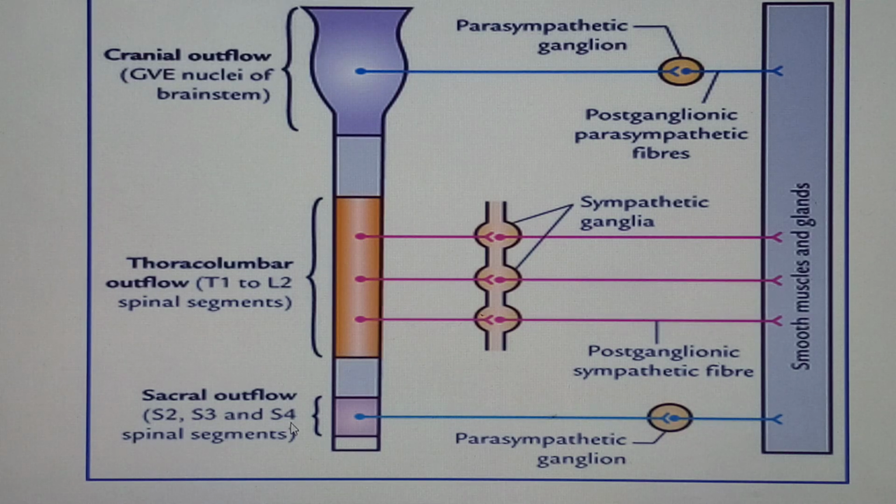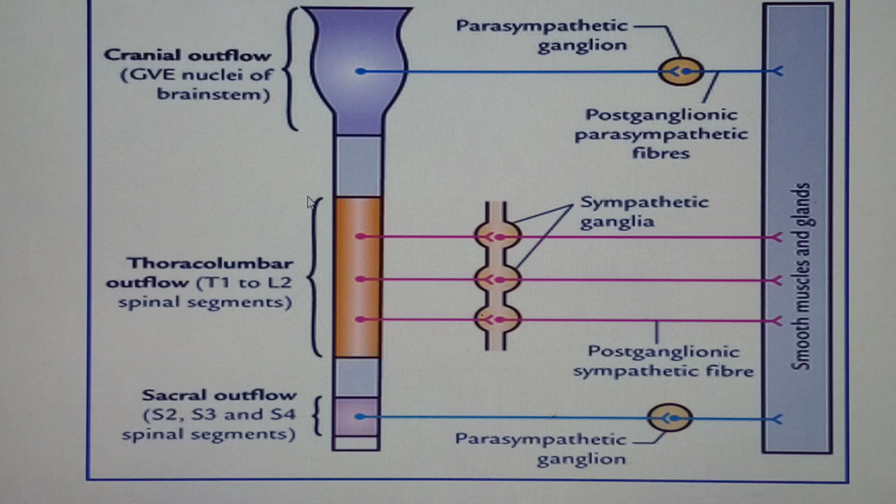Then you should also know about the thoracolumbar outflow. Whenever we talk about thoracolumbar outflow, it's exactly opposite. This one is not parasympathetic; it is sympathetic, and that is why the preganglionic neurons are short. They relay in the sympathetic ganglia, in that chain in the thoracolumbar region, and then they have very long postganglionic neurons going to the target structure.